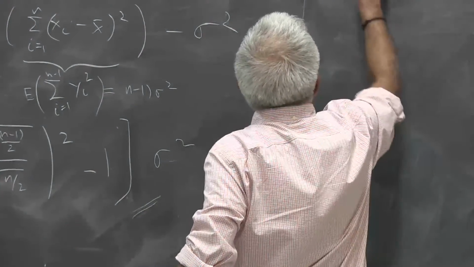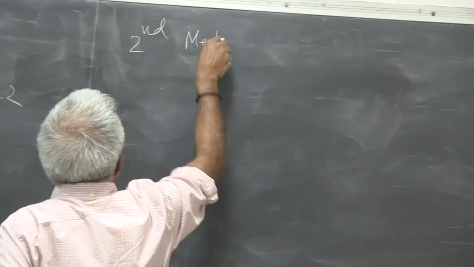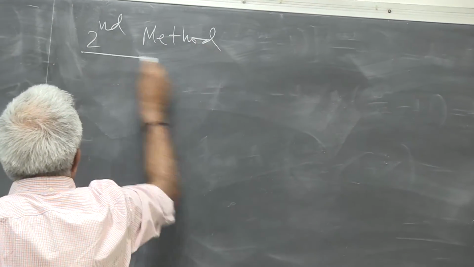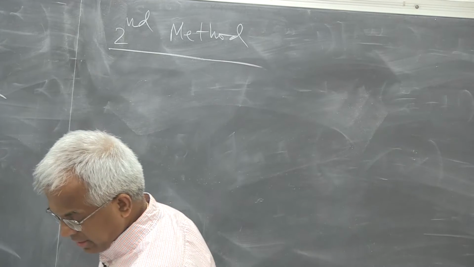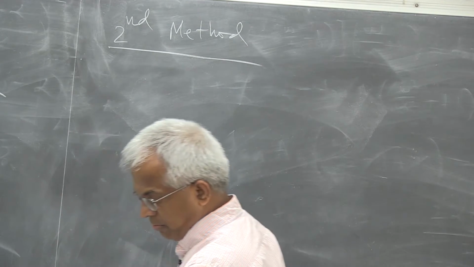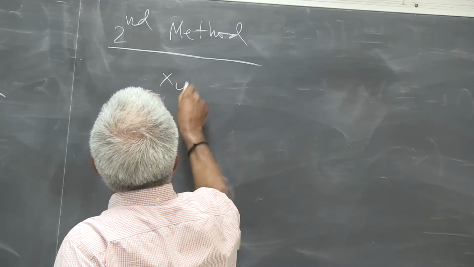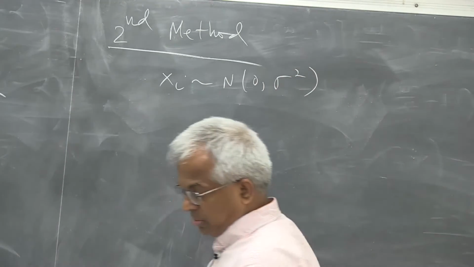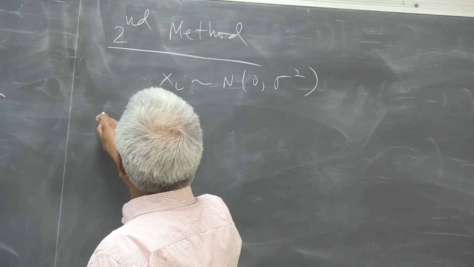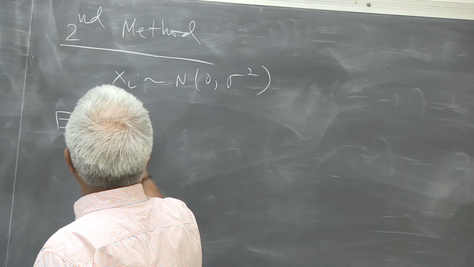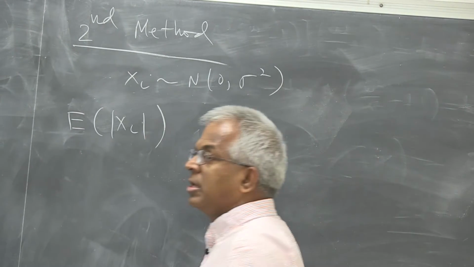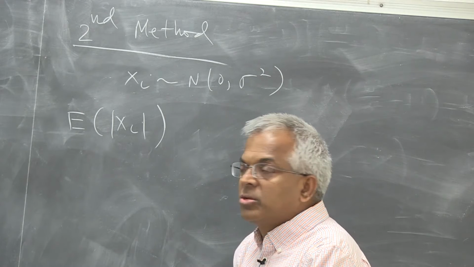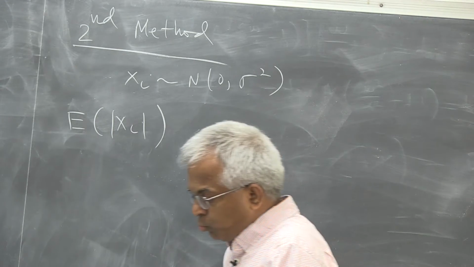So let me try a second method. This is another idea. All the xi's are zero mean with variance sigma squared. Let me look at the expected value of the absolute value, the first moment. This is a standard problem.